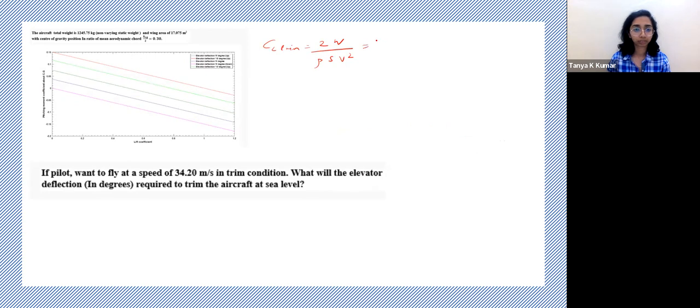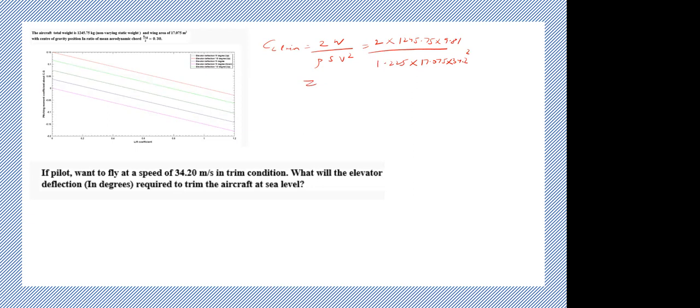So just substitute the values and let me know what the answer will be. 0.75, 34.2 squared. How much is this CL trim? 0.999.